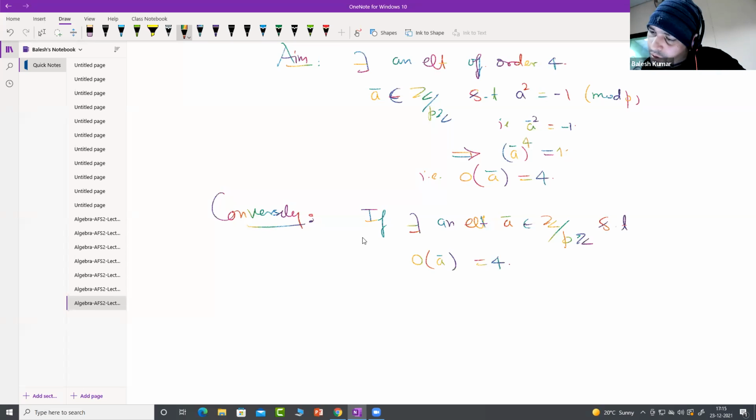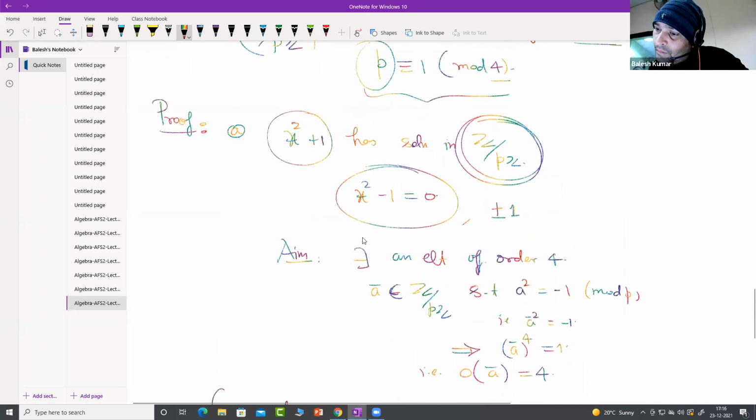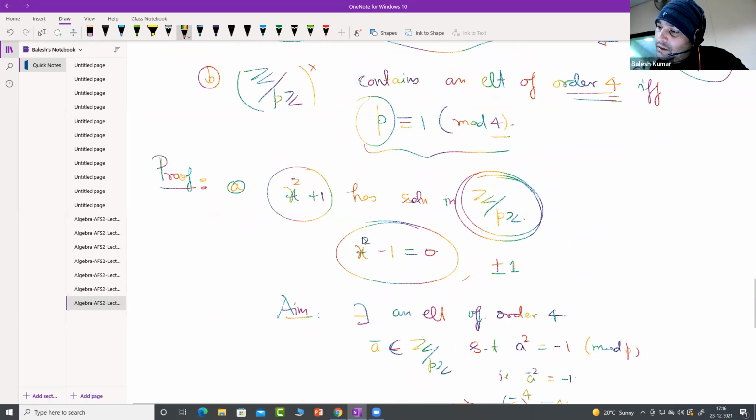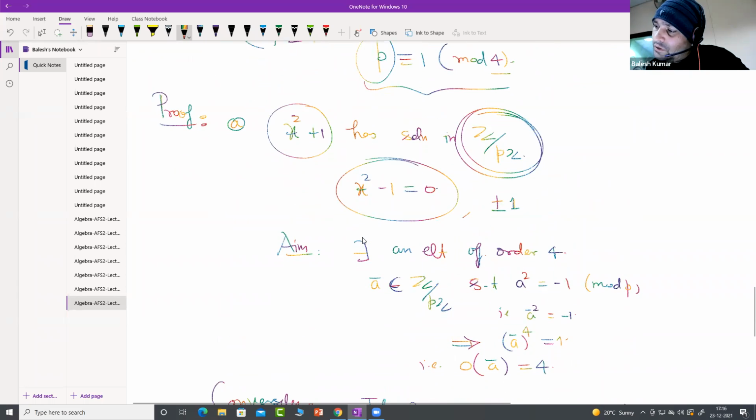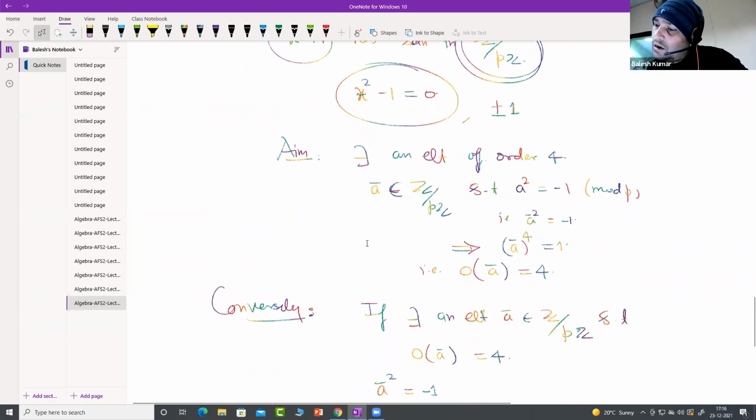Then a bar square has to be equal to minus 1, because we know that there is exactly one element of order 2 inside Z mod pZ, and that's precisely minus 1, which has order 2.